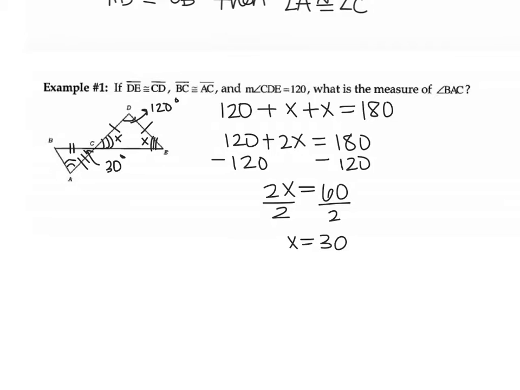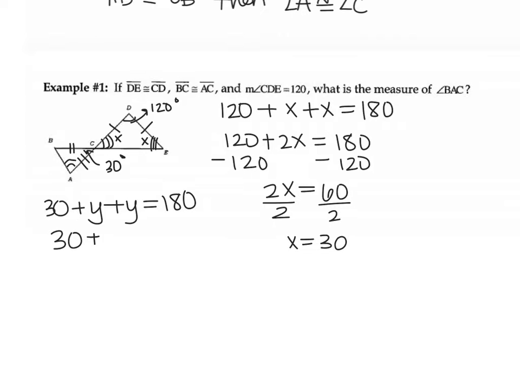Now we can use the fact that triangle BCA is also an isosceles triangle, and its base angles are congruent to help us solve for angle BAC. We can label those angles as y. So we know 30 plus y plus y has to equal 180.